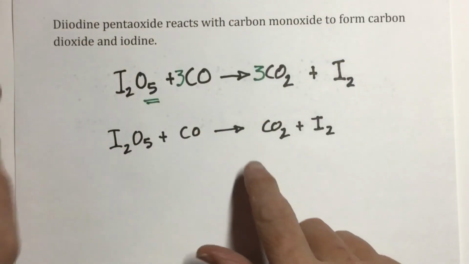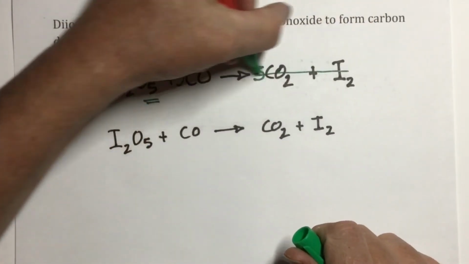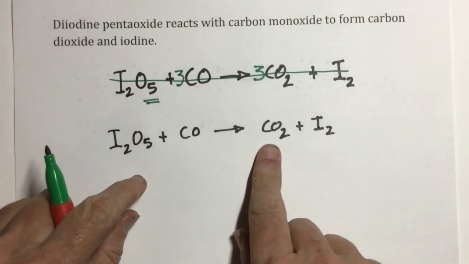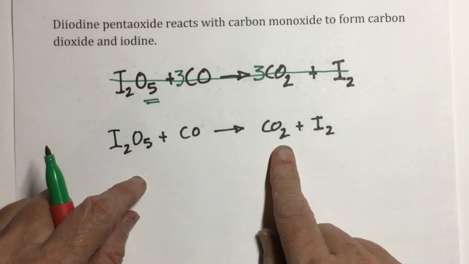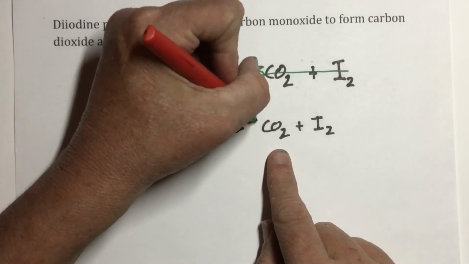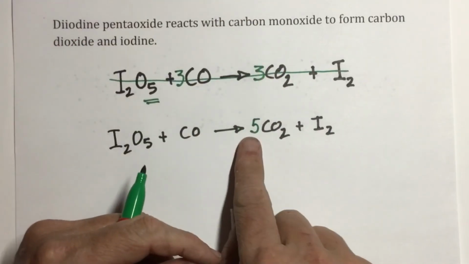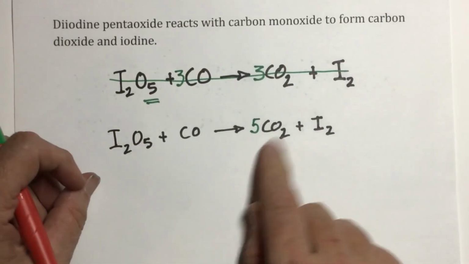Okay, now as we said, in order for this to work, we're going to have to make this a multiple of 5. And the first multiple of 5 we get to, if we're dealing with 2, of course, is 2 times 5, or 10. So I'm going to put a 5 right out in front there. Now, because that's a multiple of 5, that tells me I have 10 oxygens. Well, look here.